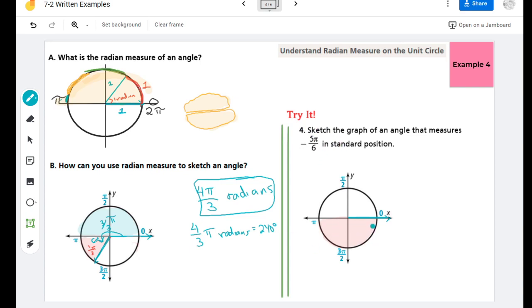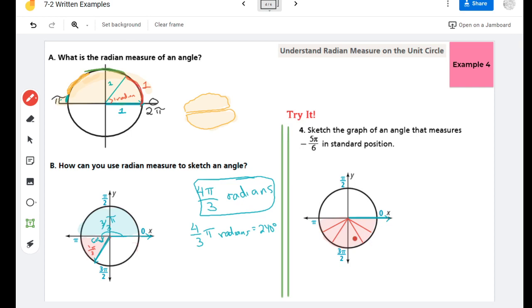So I need to break apart this bottom empanada into sixths, because it's divided by 6. So this line that goes down breaks it into half. So each quarter needs to get broken up into thirds to make for 6. So if I count it, 1, 2, 3, 4, 5, 6.